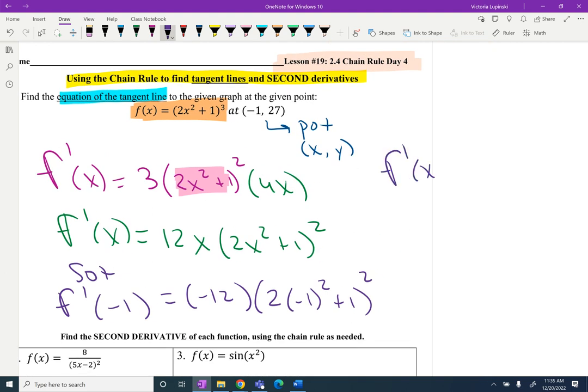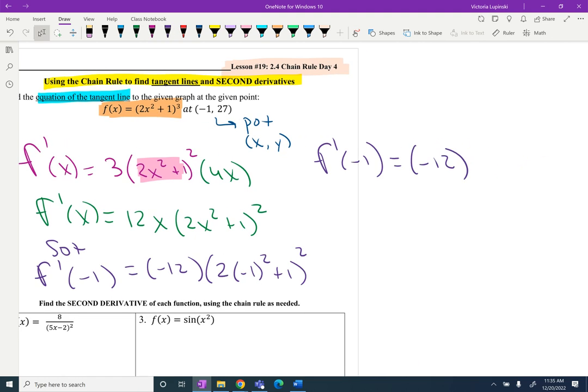So f prime of negative 1 equals, again, I have that negative 12 on the outside. Let's calculate this guy. So negative 1 squared is positive 1. 1 times 2 is 2. 2 plus 1 is 3. And then what's 3 squared? 9. So the SOT is negative 12 times 9, which you'll have a calculator if you need it, is negative 108.